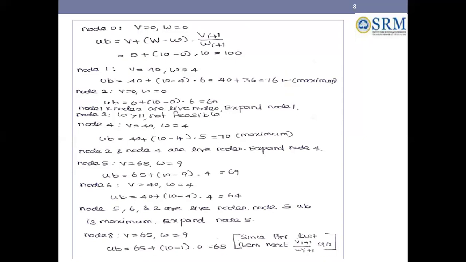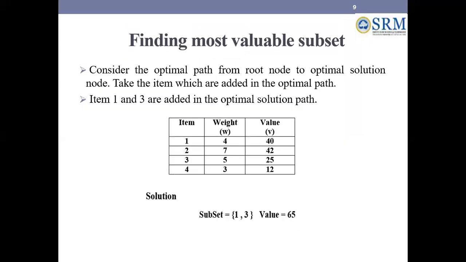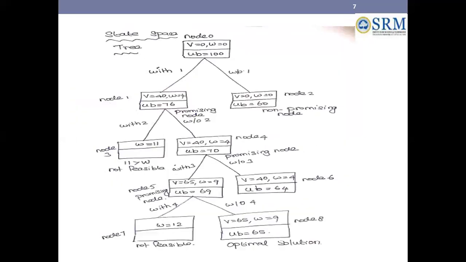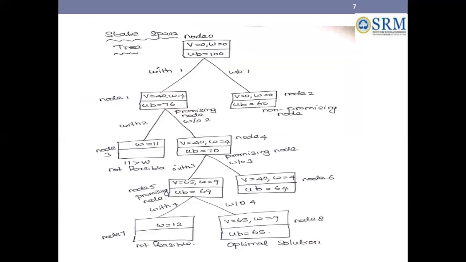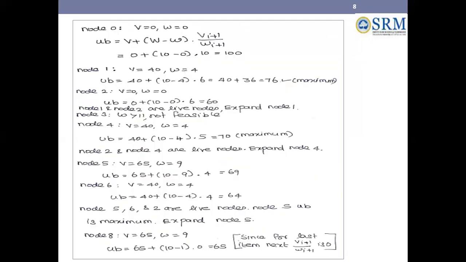You are taking the first item, so the next item ratio is the second item's ratio, that is 6. Substitute the value, we get upper bound equal to 76.